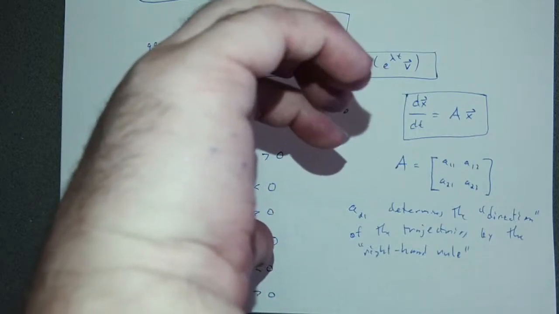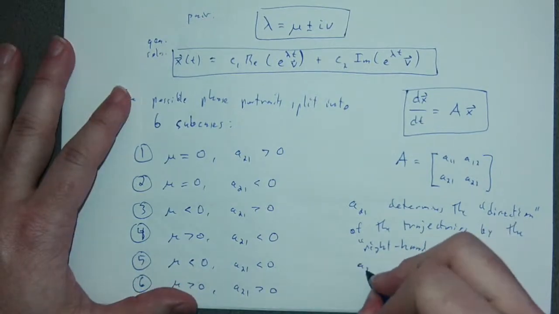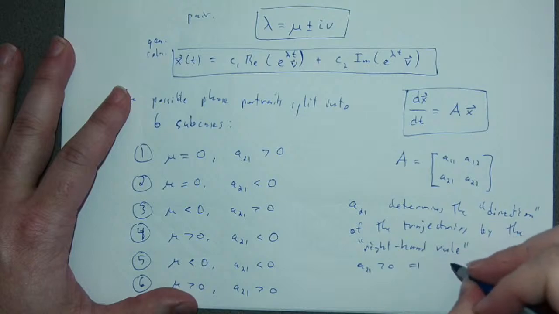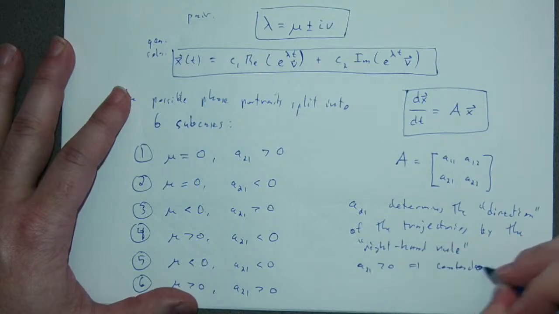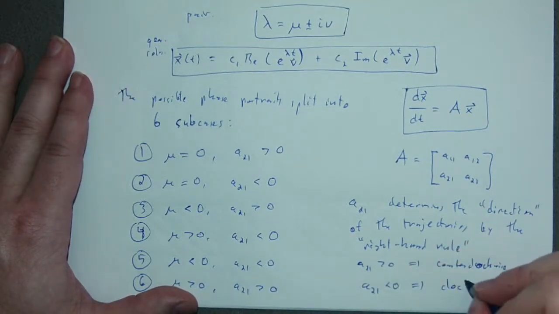They now curl clockwise. So A21 positive means counterclockwise, and A21 negative implies clockwise.